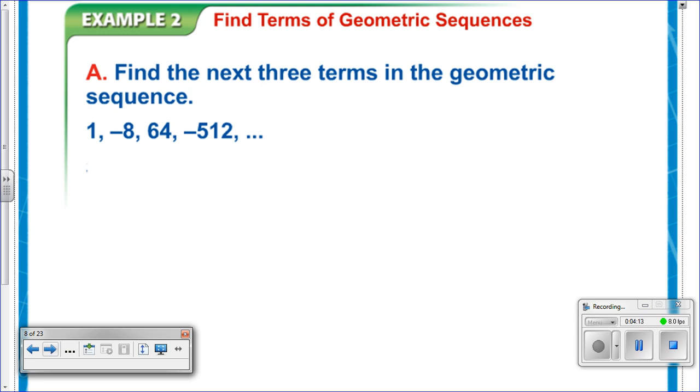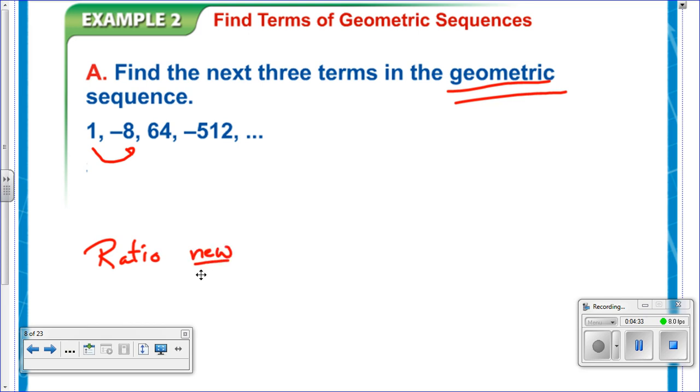This time let's find the next 3 terms. So it's telling you that it's geometric. So we know that we're multiplying here. So what do we multiply 1 by to get -8? Again, you could always do the ratio if you wanted to, and that would be a new output over an old or previous output.